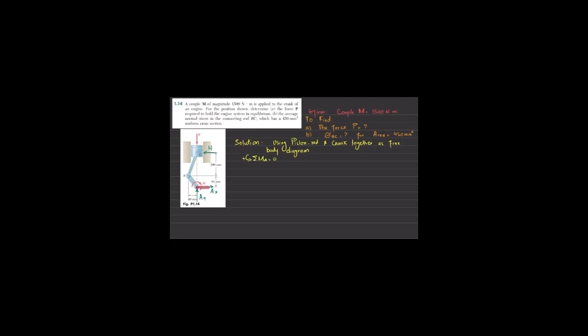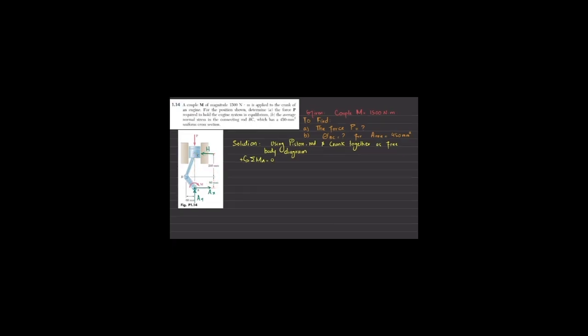So these two forces do not produce the moment because it is passing through point A, and this P force is also passing through A, so it is not producing moment. Only force producing moment is this horizontal force into perpendicular distance, which is 200 plus 80, 280 millimeter. So I will write H multiply by 0.280 meter, and you can see this is producing counterclockwise moment, so it will be positive.